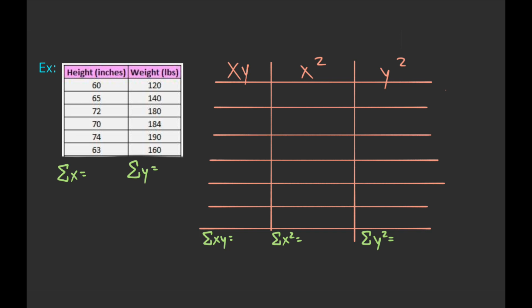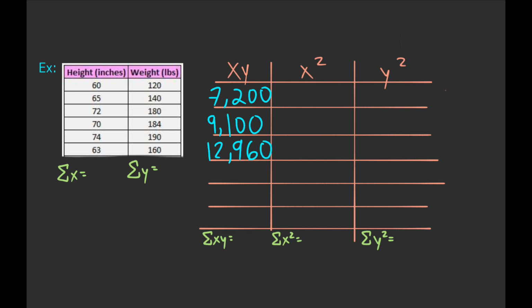So the first row is 60 times 120, which is 7,200. The second row is 65 times 140, which is 9,100. The third row is 72 times 180, which is 12,960.